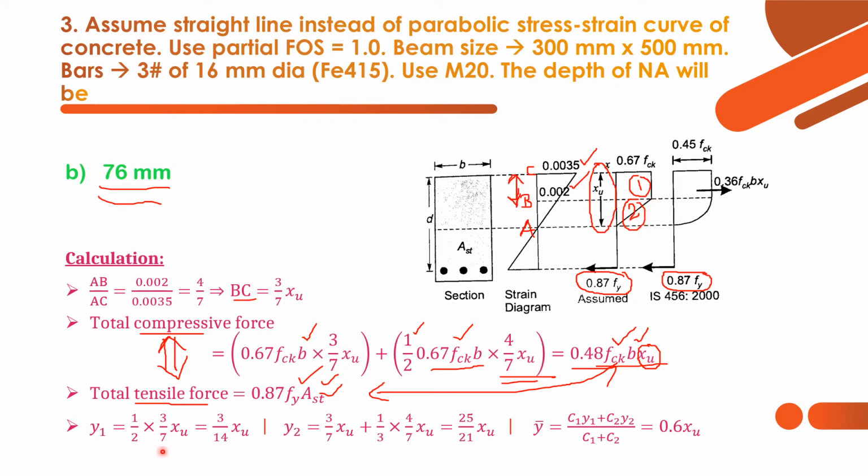Now we shall see some more points regarding this. What are y1 and y2? y1 is the point of action of the compressive stress in the rectangular block, that is the 0.36 fck b xu as per IS 456. Where it will be acting, we have to find as y bar.